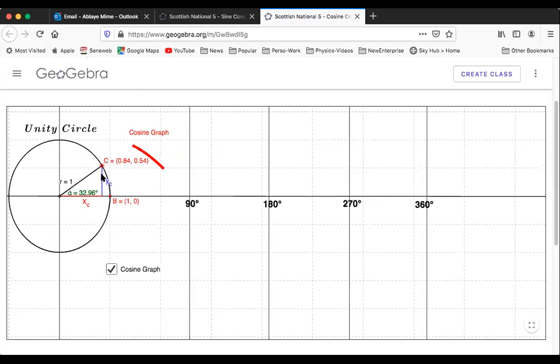Okay, so if I'm at 0 degrees, I'm at its maximum, 1. Whereas if I'm at 90 degrees, the cosine becomes 0. It's a bit the opposite of sine. When we had 0, we had sine which was 0. But when we went to 90, we had our sine at its maximum point. So they just complement.